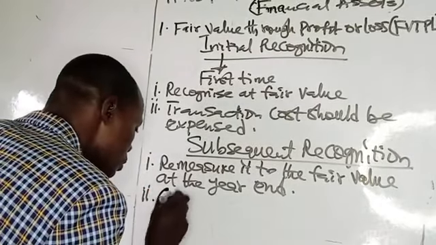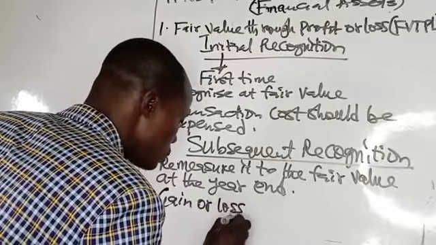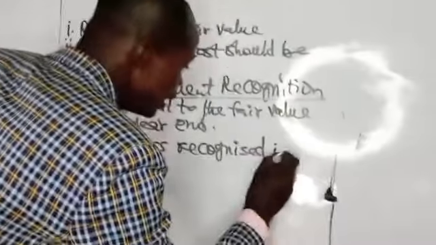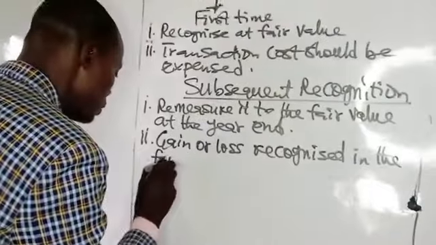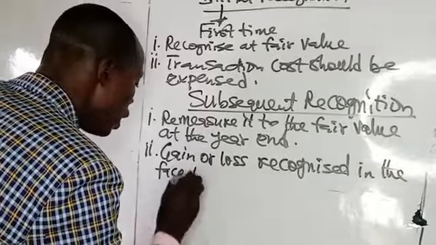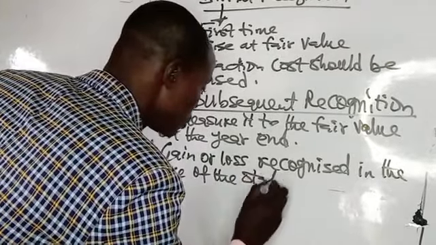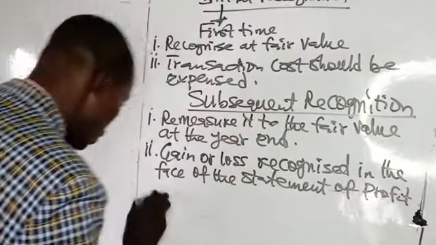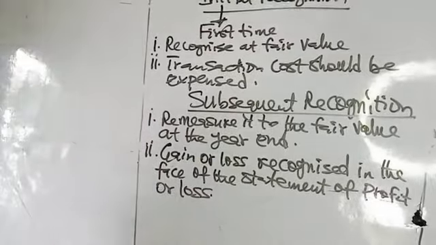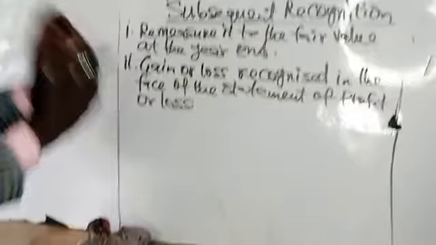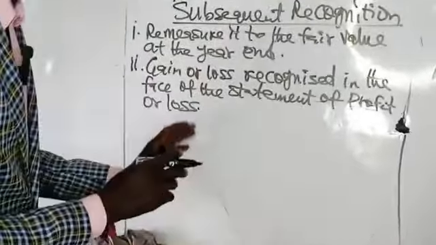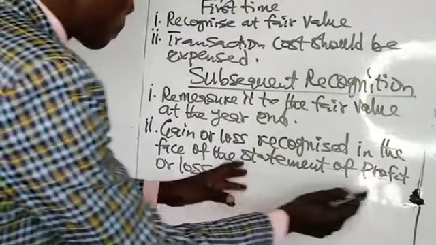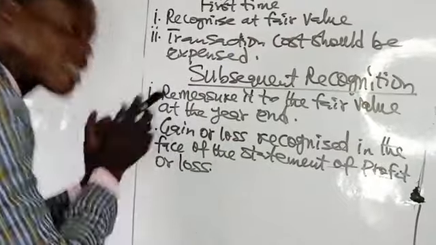Any gains or losses attributable to the instrument, you should recognize in the face of the statement of profit or loss, not as other comprehensive income.